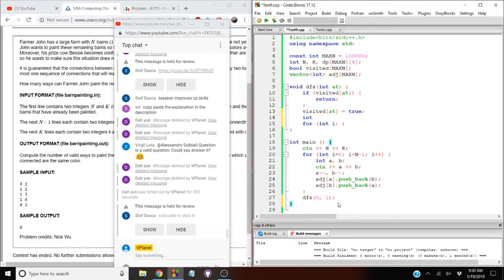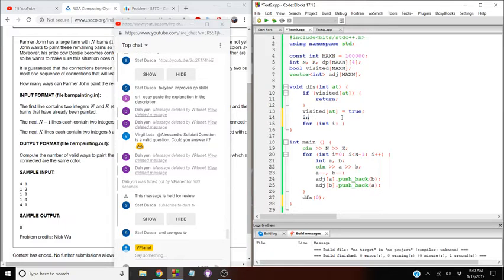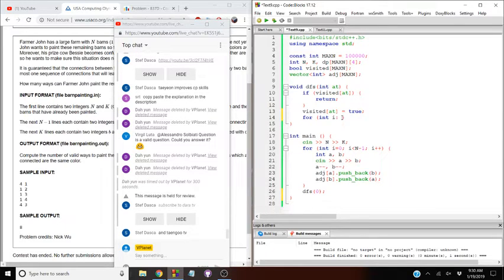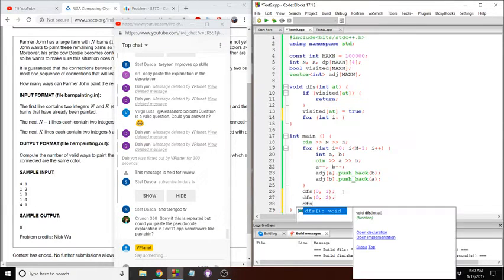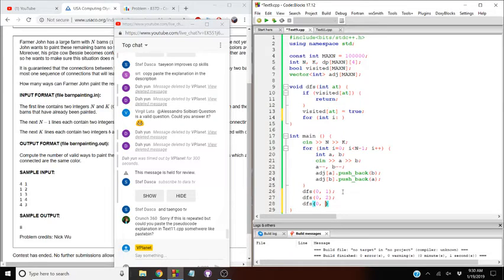Actually, we can just send all the colors at the same time. Actually, yeah, let's just do color. So we'll put in the color too.